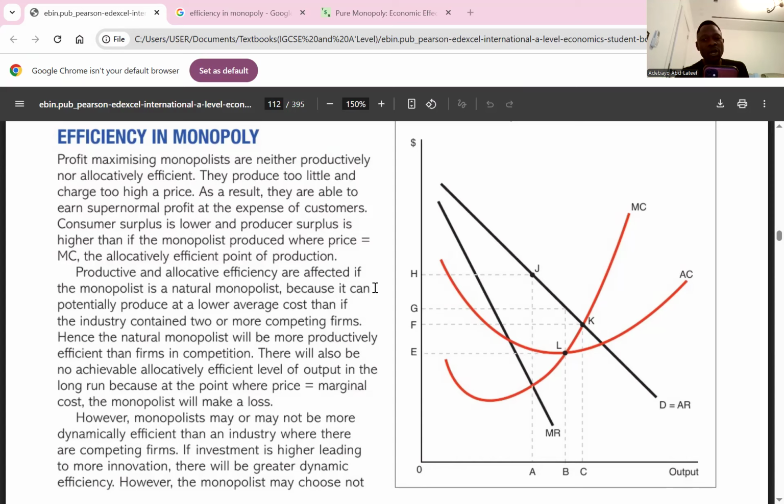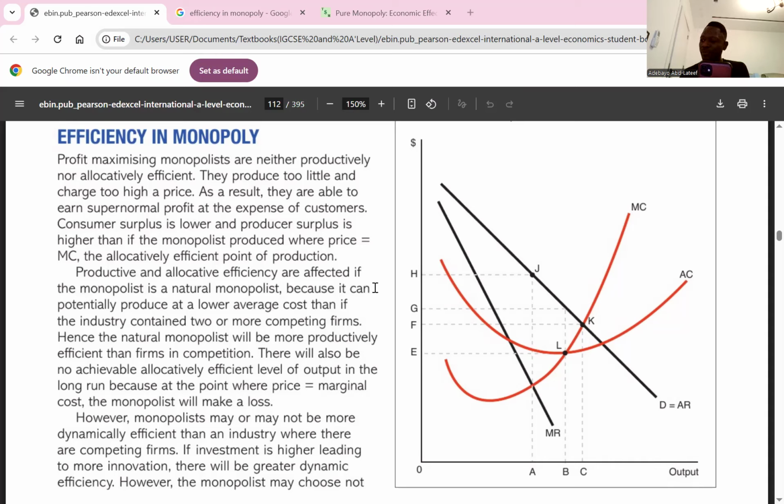Selling at the highest price of OH means you are allocatively inefficient. A monopolist would not care if the average cost is greater than the marginal cost, because the higher cost will be passed on as higher price to consumers. I think the point is clear there.